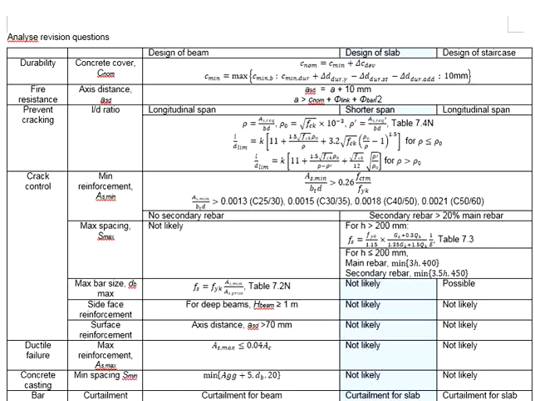The thicker the axis distance, the longer the structural member would last in case of the fire hazard. These are the formulas related to the axis distance. For more details related to the calculations of the fire resistance, you may refer to our previous videos in chapter 6 of RC Design 1.